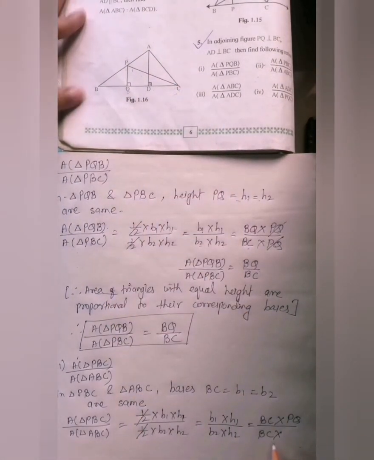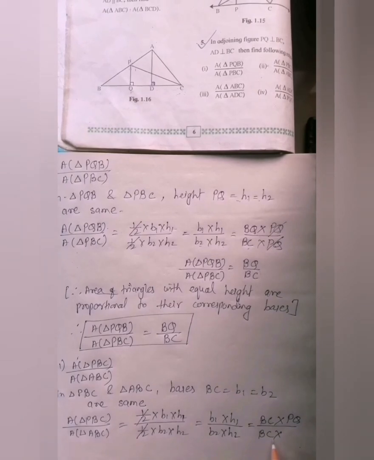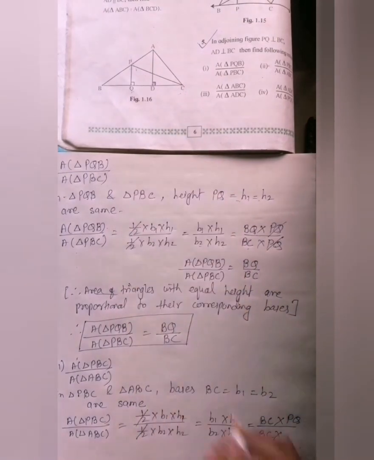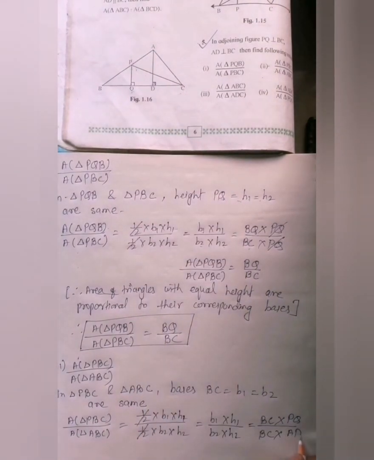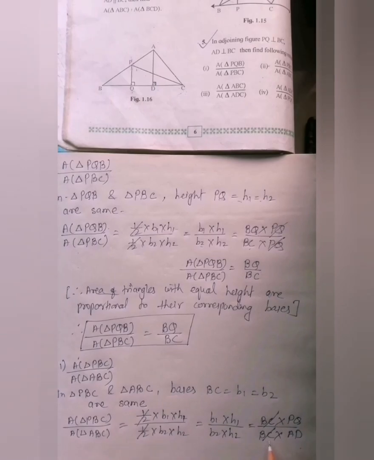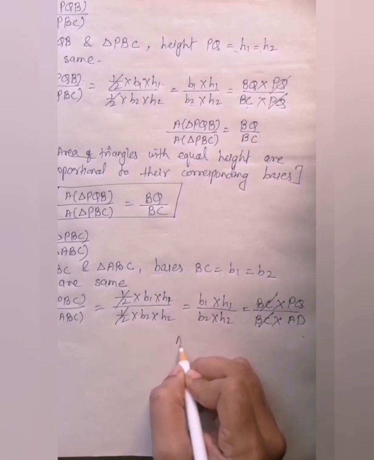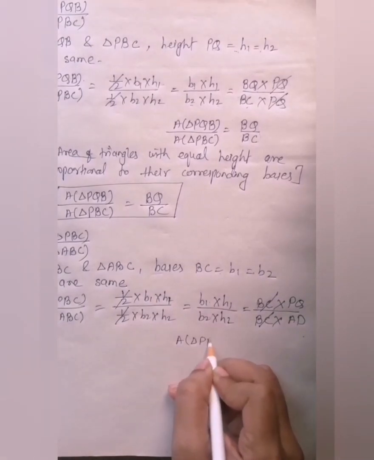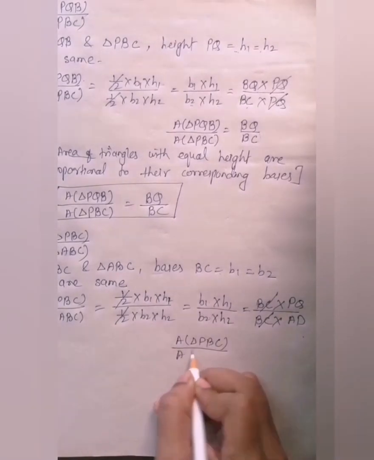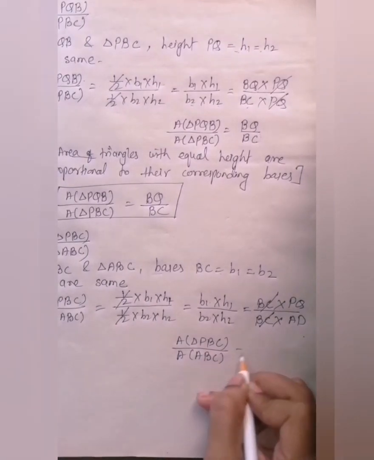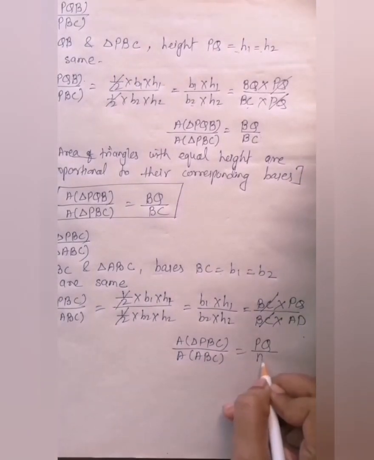AD. So AD is the height. So write down AD. Clear, students? Now this BC gets cancelled. And what is remaining? Area of triangle PBC upon area of triangle ABC equals PQ upon AD, right?